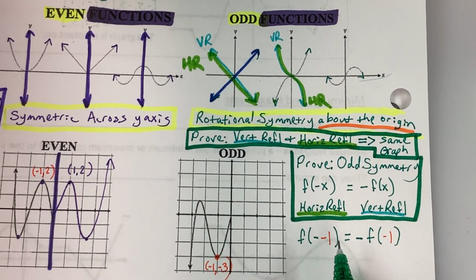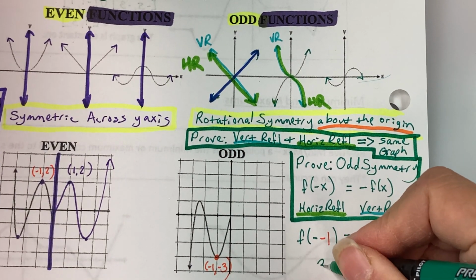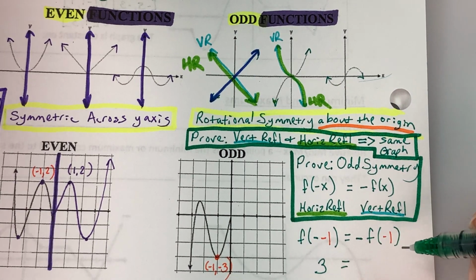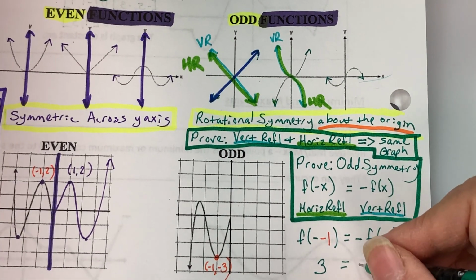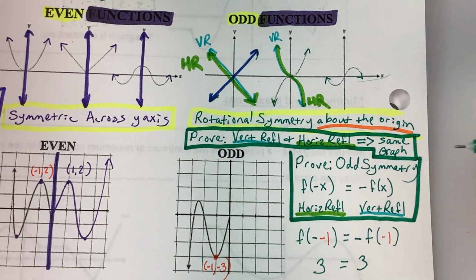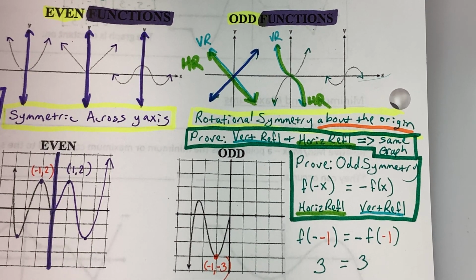So f of 1 should give me 3, and negative f of -1 gives me 3 as well. So that would show, using that point, that it works in both directions.